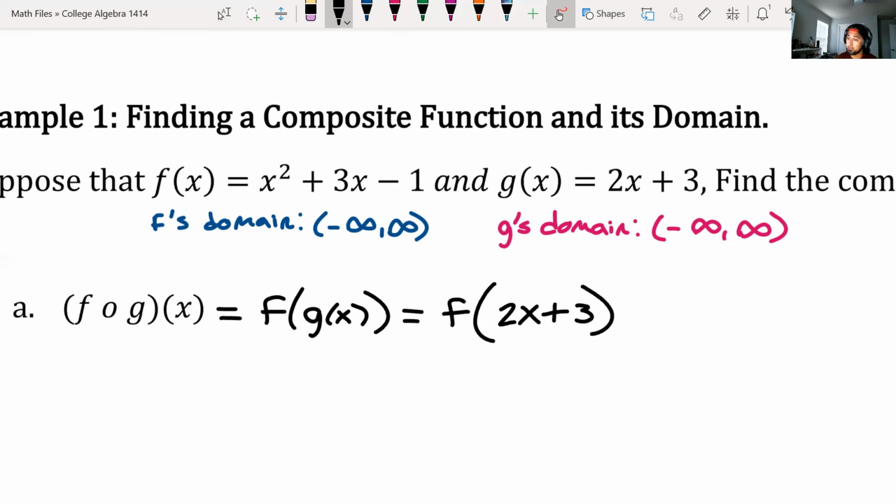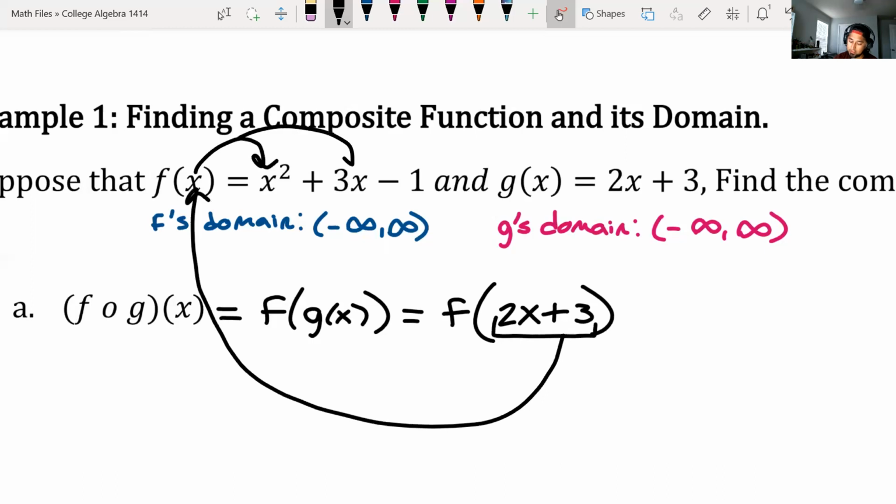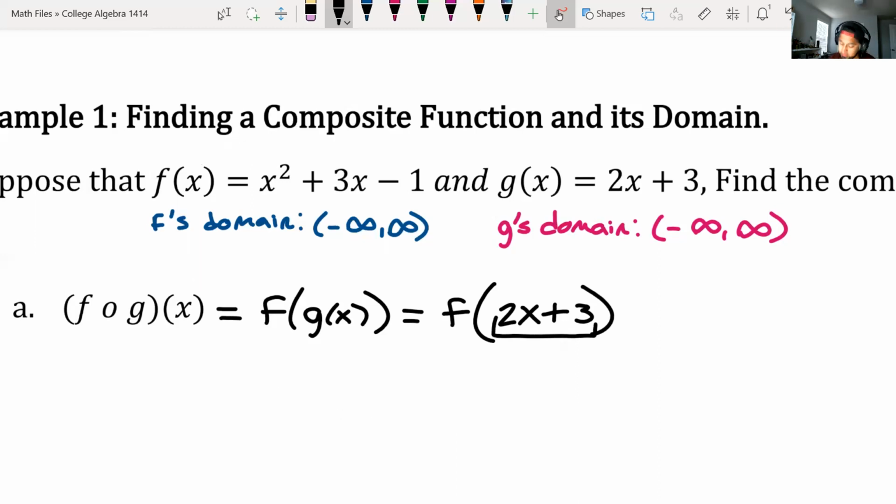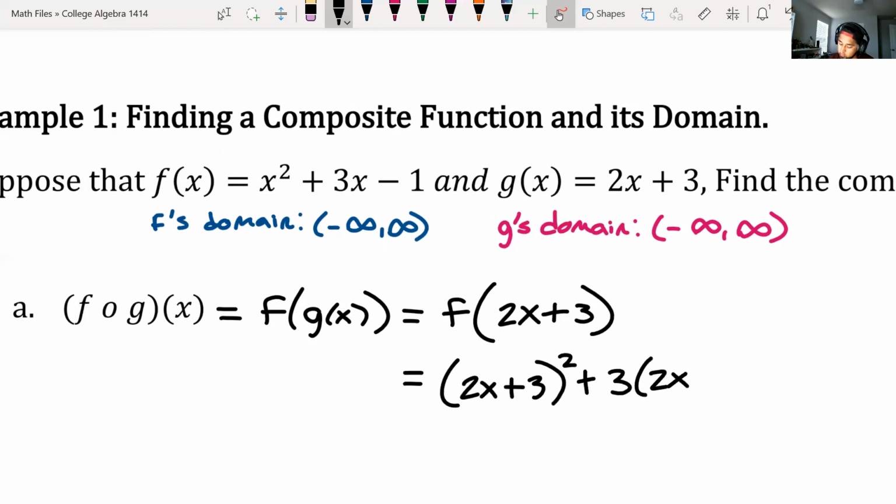What we're going to do next is take all of this 2x plus 3 and plug it into function f for every single x, and we're going to simplify. So 2x plus 3 goes in for every x. We're going to have (2x plus 3) squared plus 3 times (2x plus 3) minus 1.